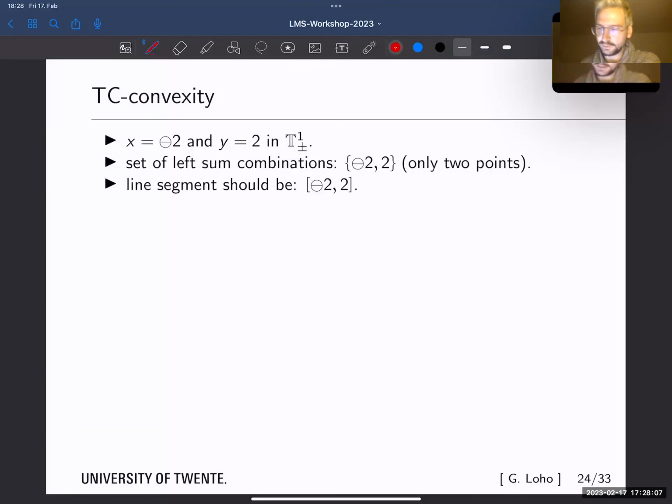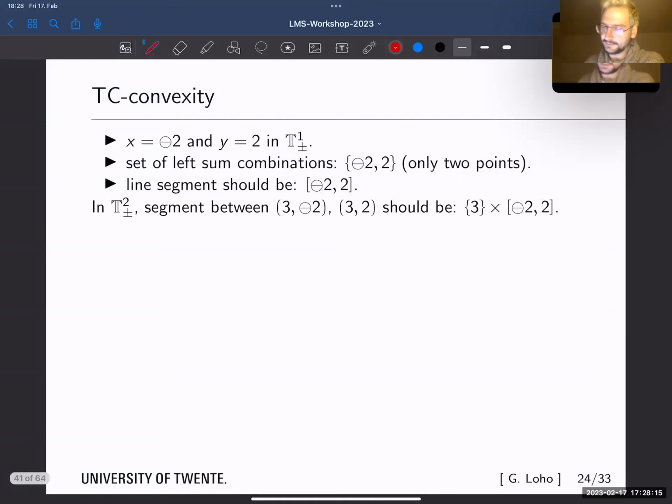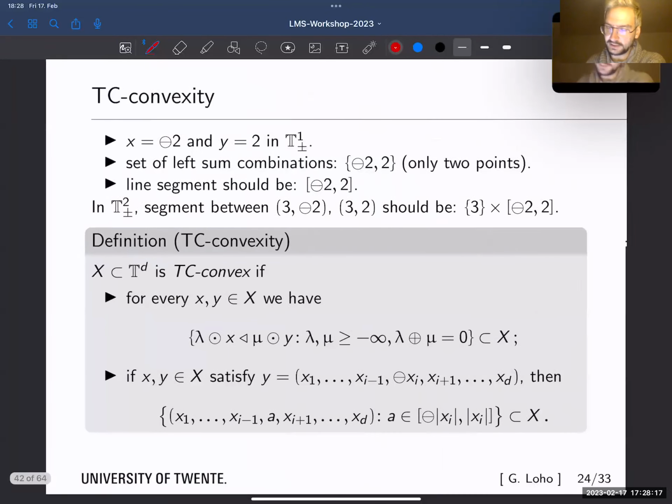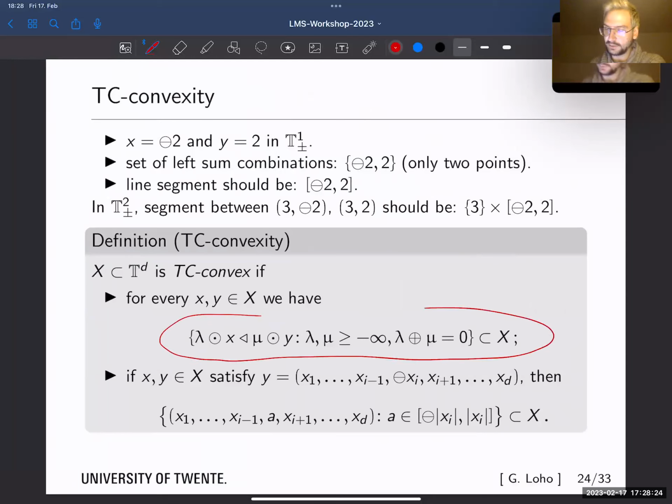Yes, but actually, even just taking combinations with this left sum is not enough. So let me just skip this motivation and get right to the definition here. This is essentially what one would like to have.